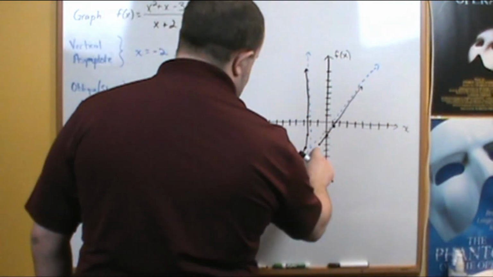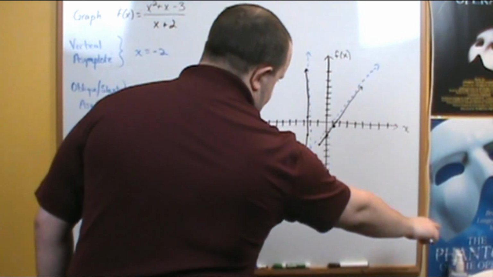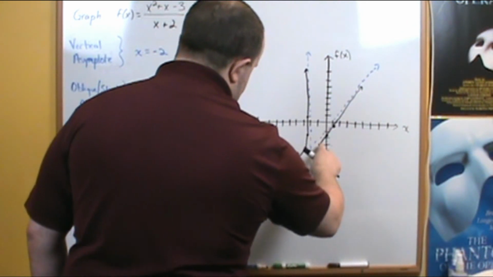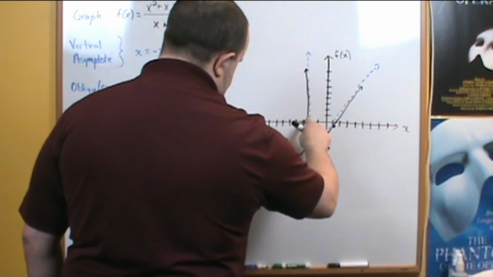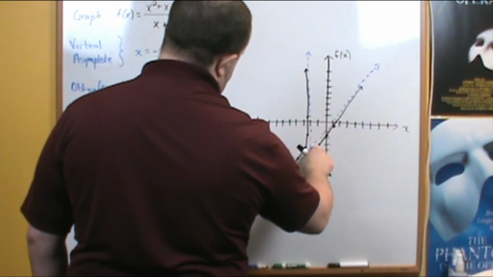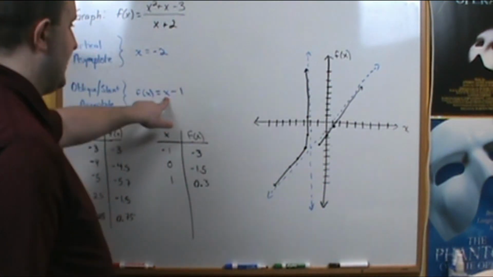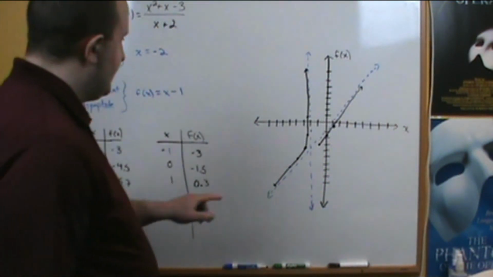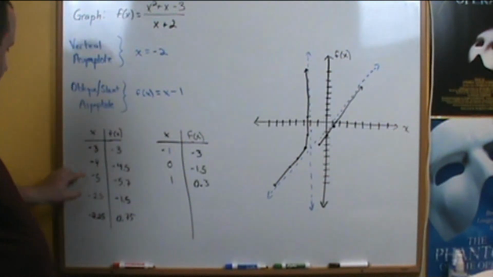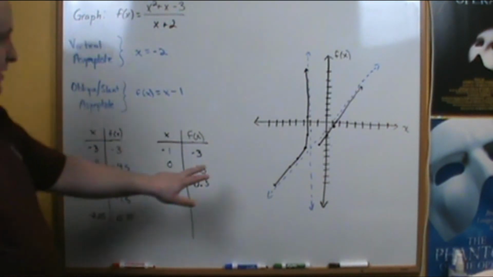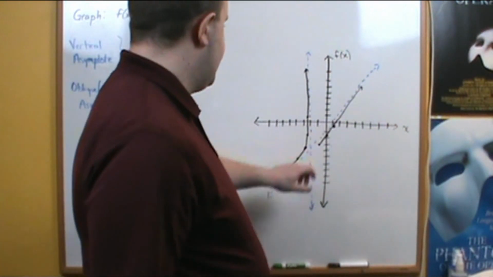And now we need to analyze what happens here. Does it come back out this way? Does it come this way? Does it magically come up? Well, we know it's not going to come up because we can never get a y value, an f of x value, that lies on that line there. So what we need to do is what we did over here. We need to pick values in the interval from -2 to -1.